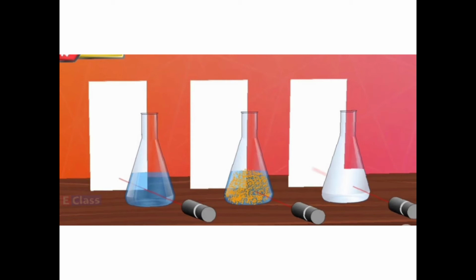After passing it, keep one white paper on the other side. Here is your laser light source and here is the screen. In between is that particular beaker or conical flask. So you observe. What do you see in this?